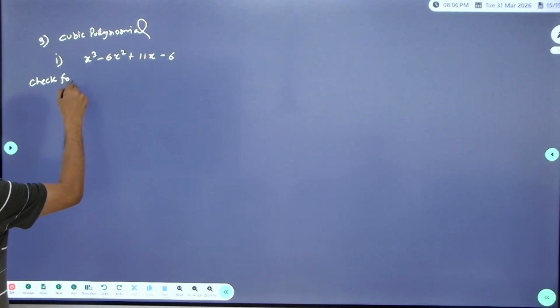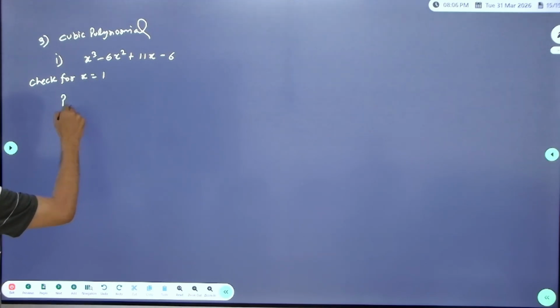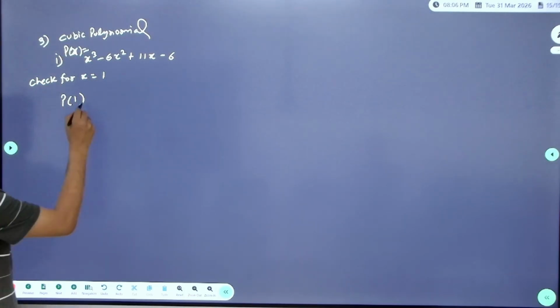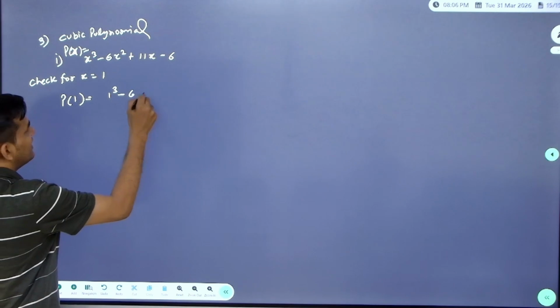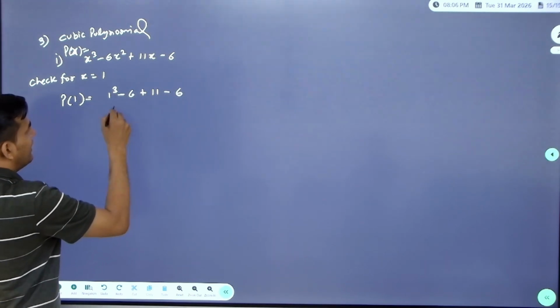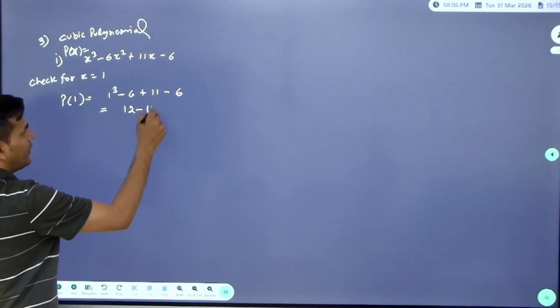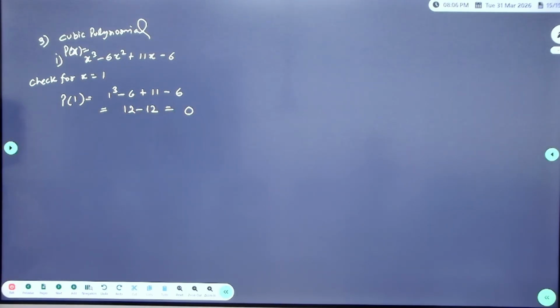So P of x is equal to 1 cube minus 6 plus 11 minus 6. 1 cube is 1. So 1 plus 11, 12. Minus 6 minus 6, 12. 12 minus 12 equal to 0. So at x equal to 1, the value of the polynomial is equal to 0. That means x equal to 1 is a zero of this polynomial.